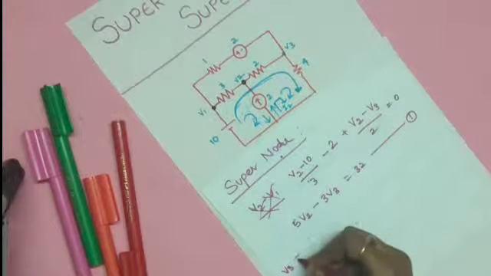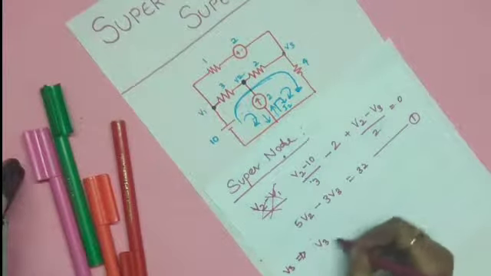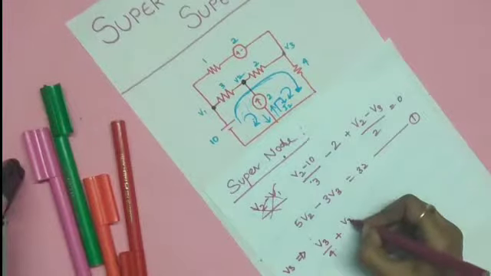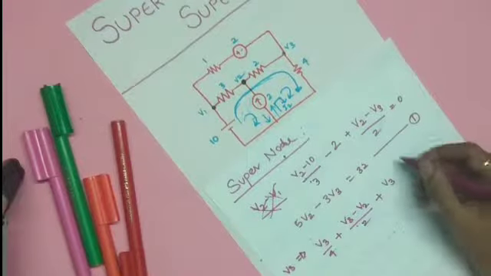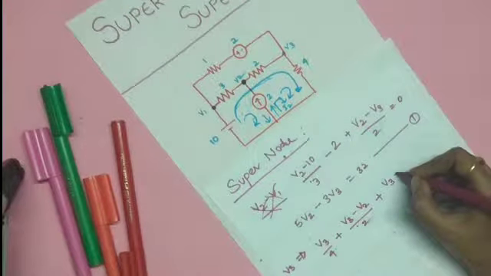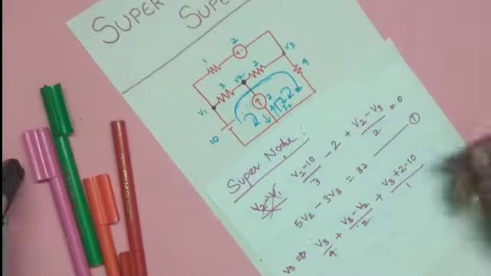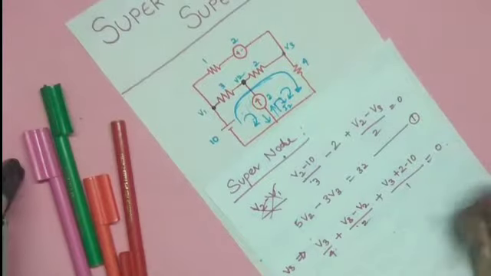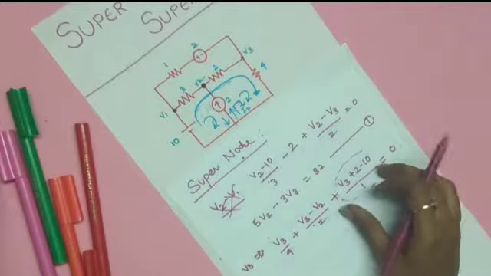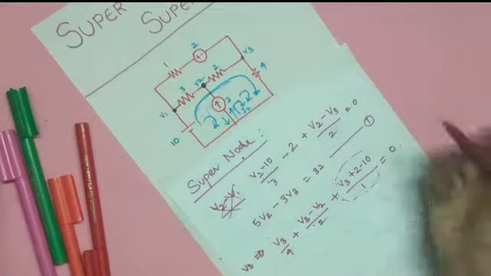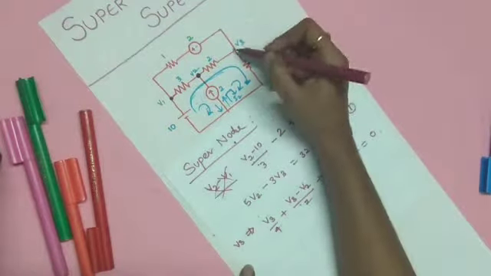And now I'm applying the nodal analysis at point V3. What I will get is V3 by 4 plus (V3 minus V2) by 2 plus (V3 plus 2 minus 10) by 1 equals 0. Here just observe this. This becomes a difficulty for many students, I have observed, because they feel difficulty in writing this equation. It's very simple.